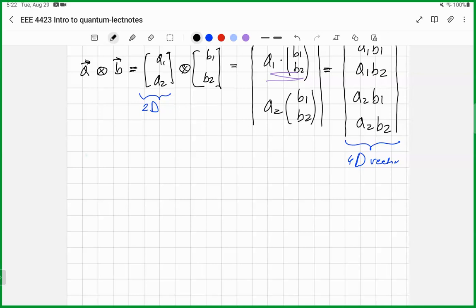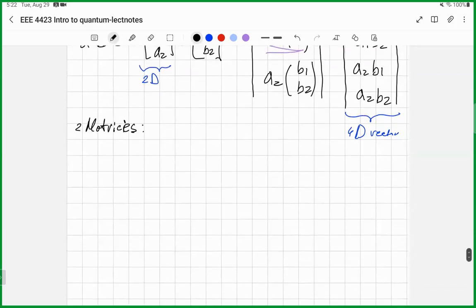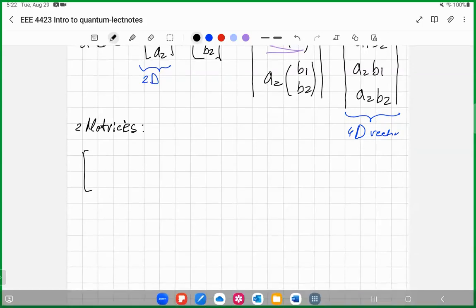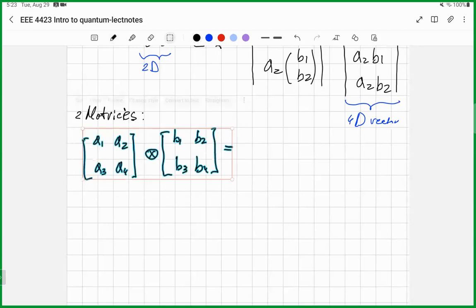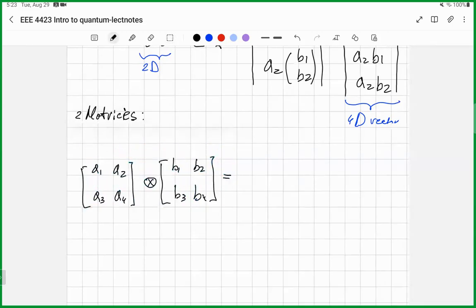For example, for two matrices A and B, we can multiply matrix A with components A1, A2, A3, A4 by another matrix B with components B1, B2, B3, B4. The operation is exactly the same as with the vectors.